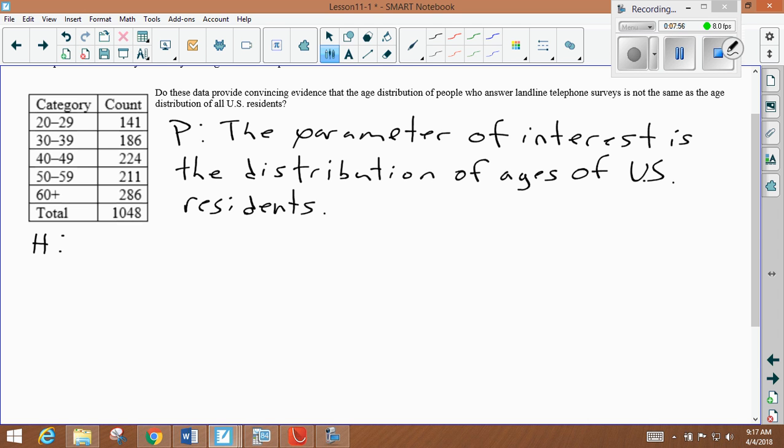But you have to state that in context. You can't just say the distributions are the same. So our null hypothesis is going to have a ton of words in it.